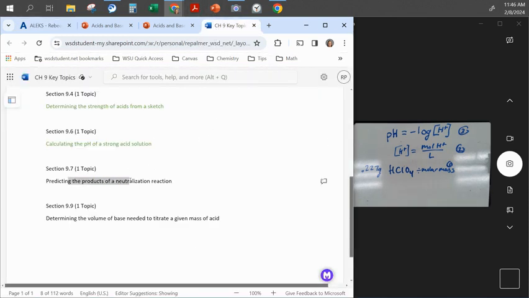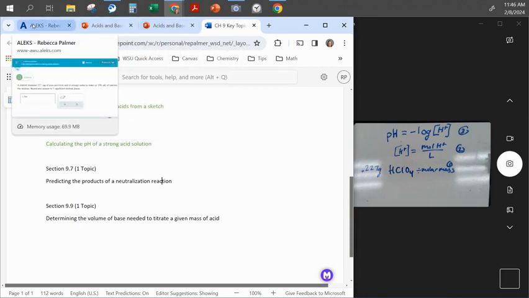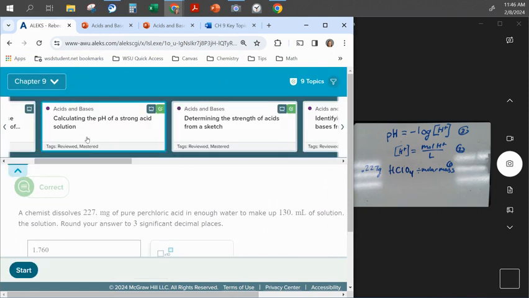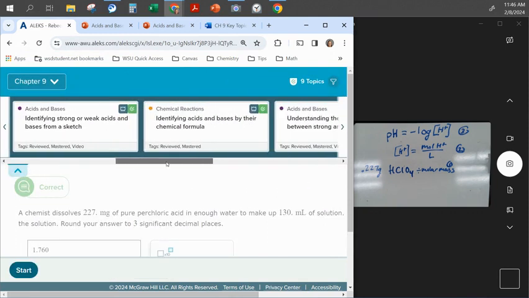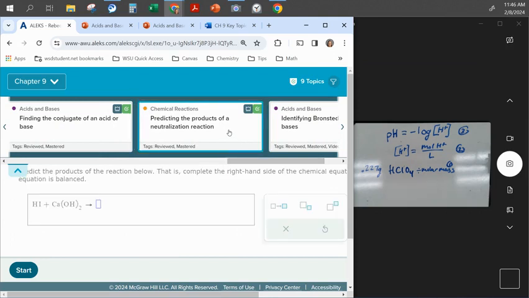Next one is predicting the products of a neutralization reaction. Let's just go to this topic. So we're going to do the titration lab. I think it's lab maybe 9. I'm not sure. But we will do a titration.